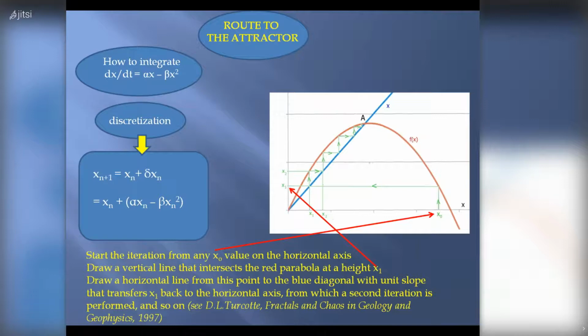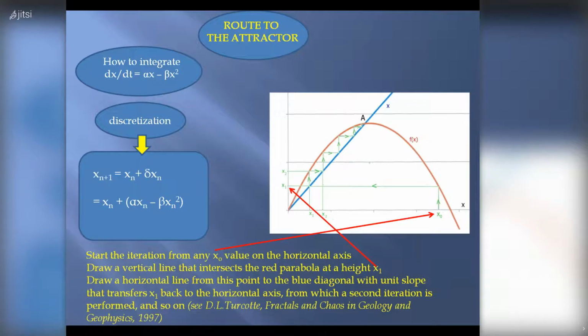Now, since you have added this xn term, the attractor is found at the intersection of the new parabola here with the line xn, the straight line of unit slope. And this is the attractor here, at which you have xn equals xn plus the bracket.